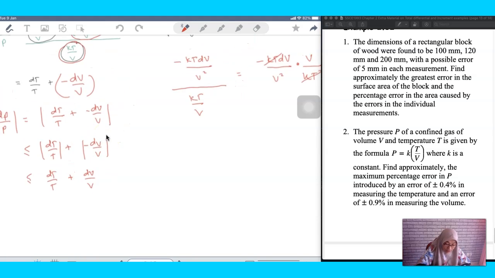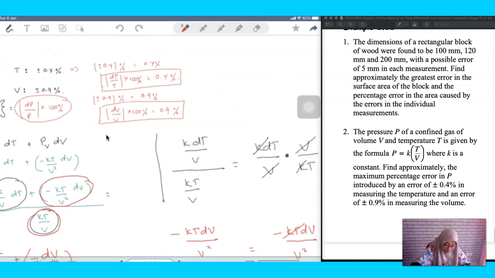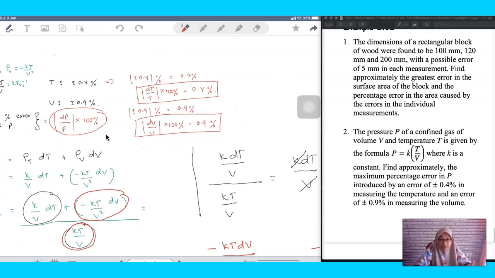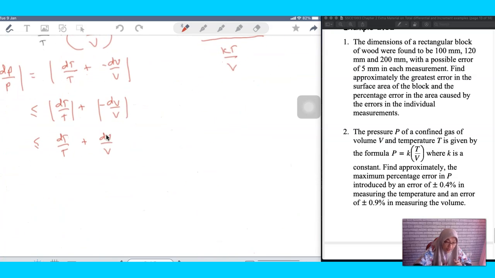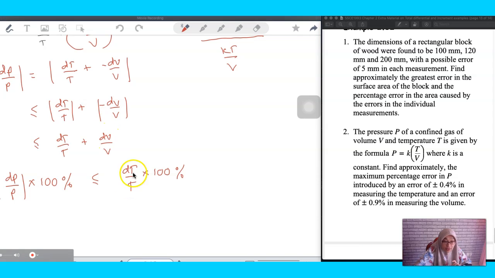But since the information provided here, you cannot still use the 0.4 and 0.9 because that one is a percentage. So you have to make sure this is in percentage form. So what you can do is dp over p multiplied by 100% less than or equal to dt over t multiplied by 100%, where we already apply the absolute, plus dv over v multiplied by 100%.